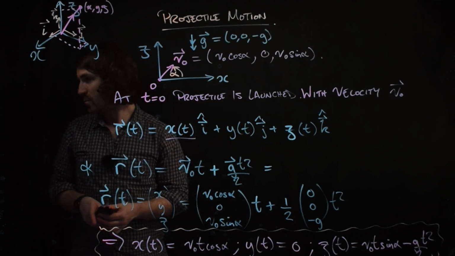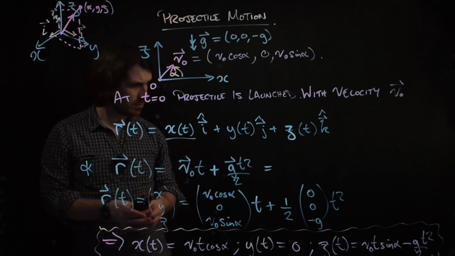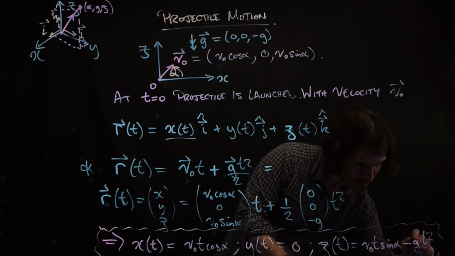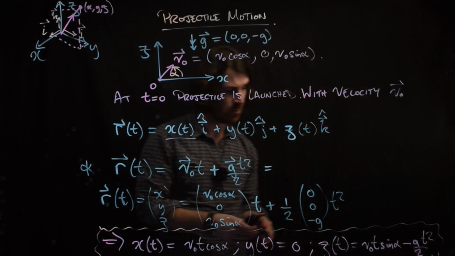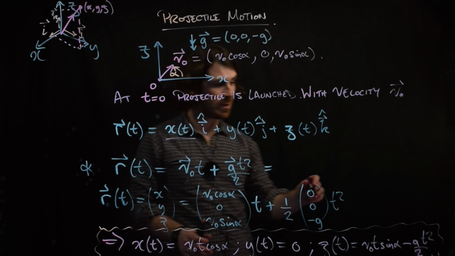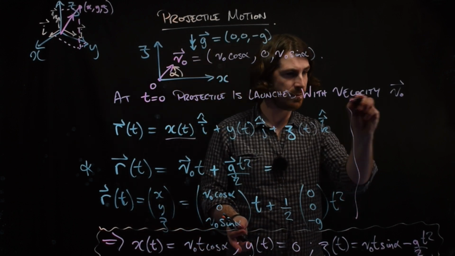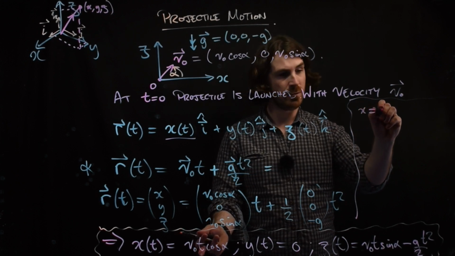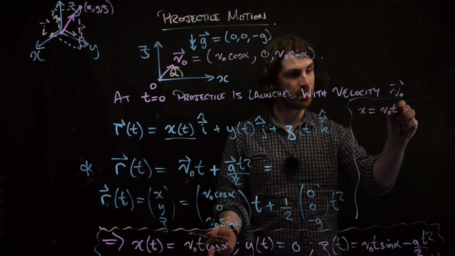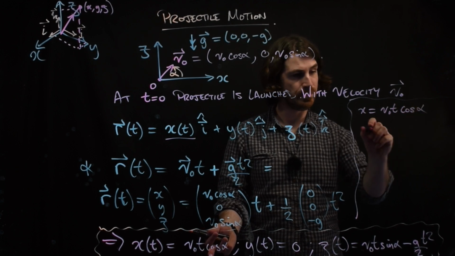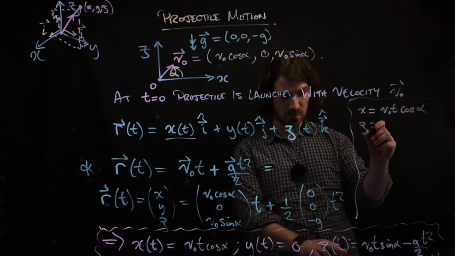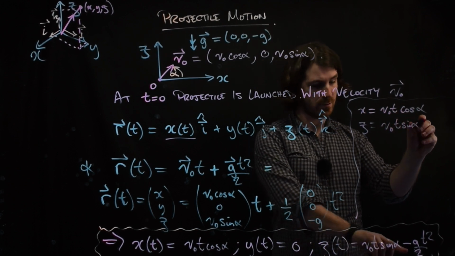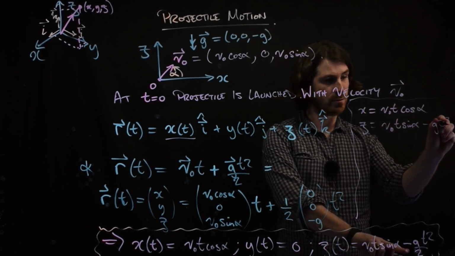We can think about what kind of curve this is. So we've got x equals v0 t cosine alpha, and z equals v0 t sine alpha minus gt squared over 2.